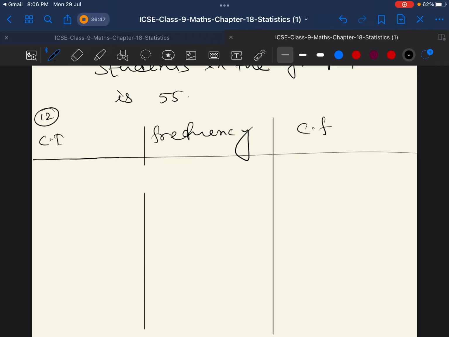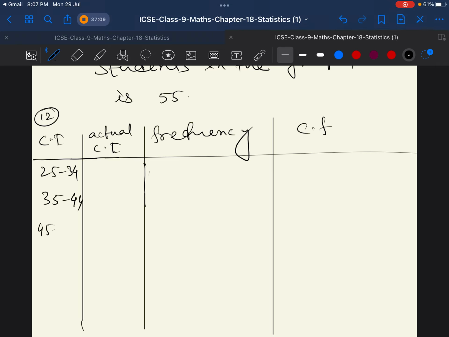This is the class interval and this is the actual class interval. 25 to 34, 35 to 44, 45 to 54, 55 to 64, 65 to 74, 75 to 84.